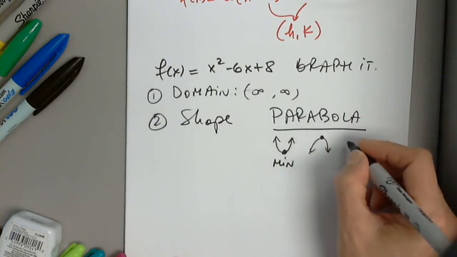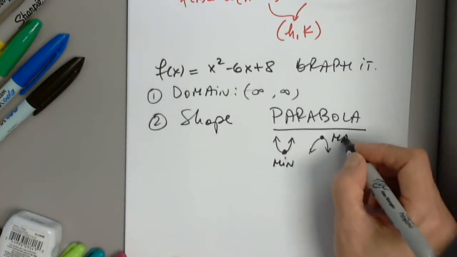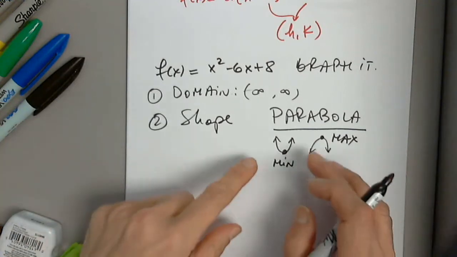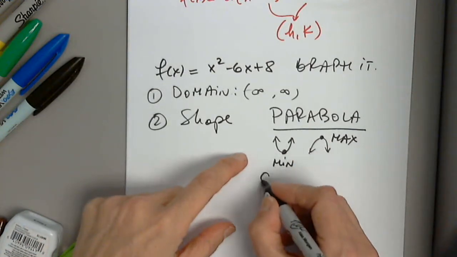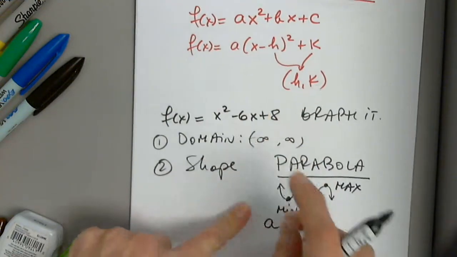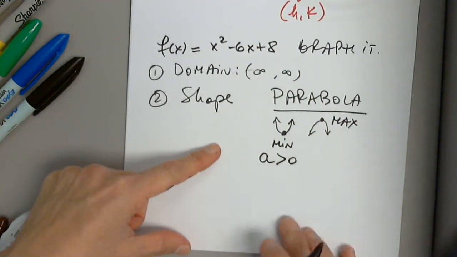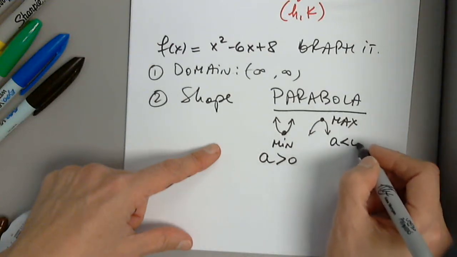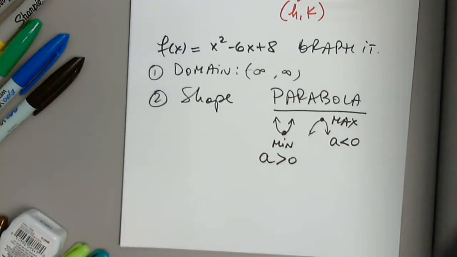Obviously, this has a maximum. It's one or the other. So when it has a minimum, the leading coefficient, which is this number, is positive. When it has a maximum, the leading coefficient is negative. So I can identify the shape way before I graph the function.